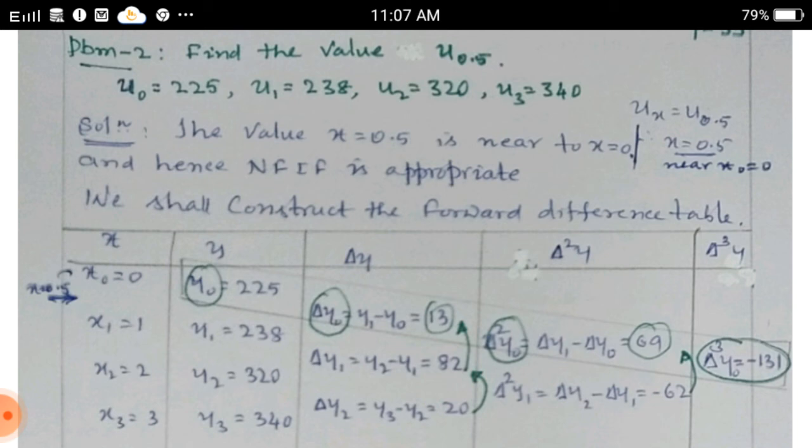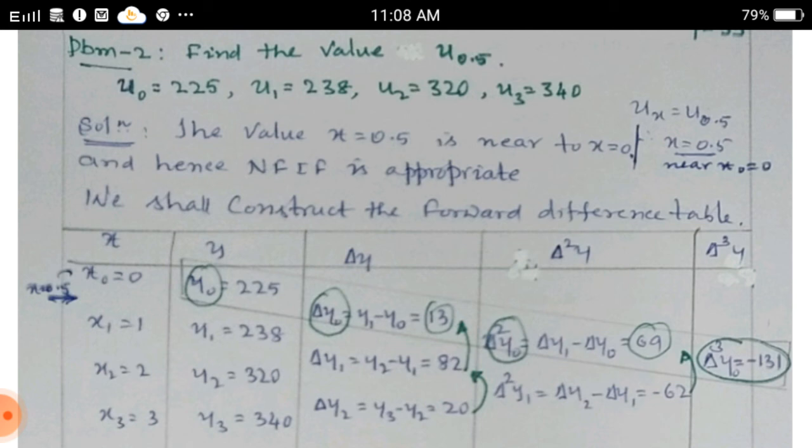Okay. For the values of x you write x naught, x1, x2, x3. x naught is equal to 0, x1 is equal to 1, x2 is equal to 2, x3 is equal to 3. Y is equal to u suffix x. So when x is equal to x naught is equal to 0, y naught is equal to 225.